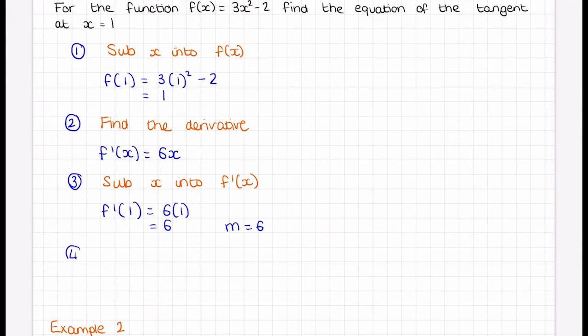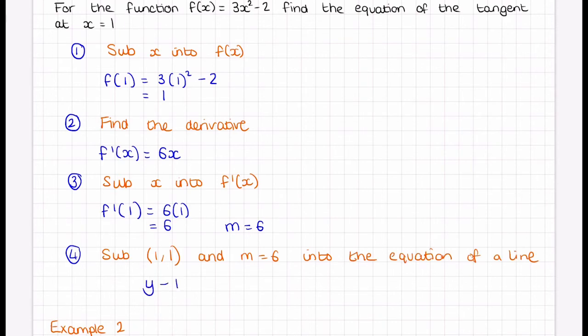Now, step 5, we need to sub our original point, which is (1, 1), and our gradient into the equation of a line formula, which will mean we'll have y minus the y coordinate, which is 1, equals the gradient, which is 6, multiplied by x minus the x coordinate, which is also 1, and there we have our equation of the tangent.